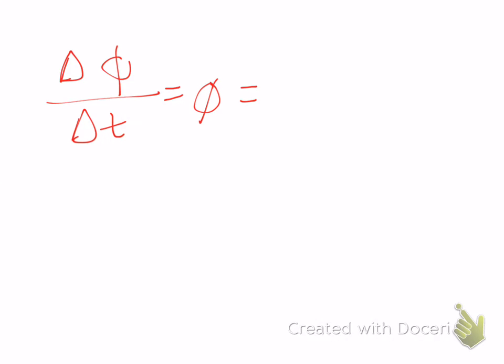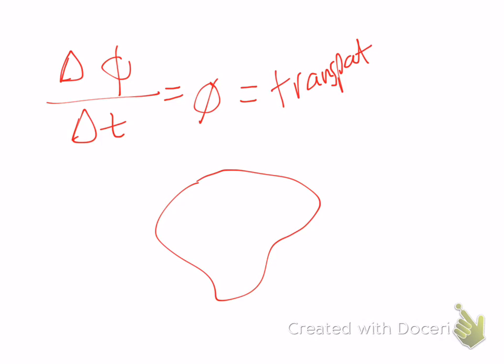Is going to be equal to the amount that comes in, so transport across our surface, whatever our surface is, plus production. And production could be positive if we're actually producing something, or it could be negative if we're getting rid of something. So this is where your question about the sand comes in.